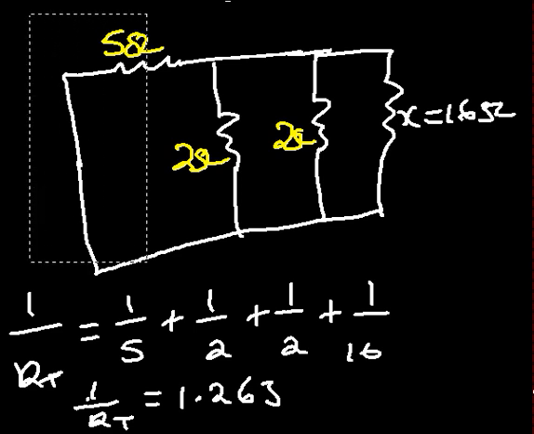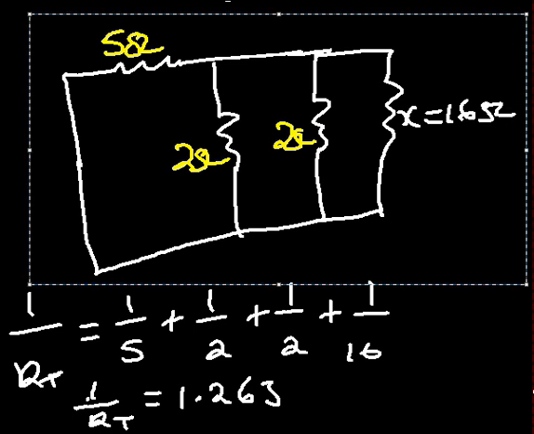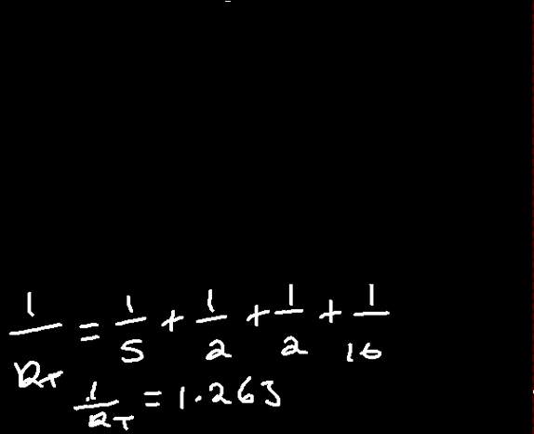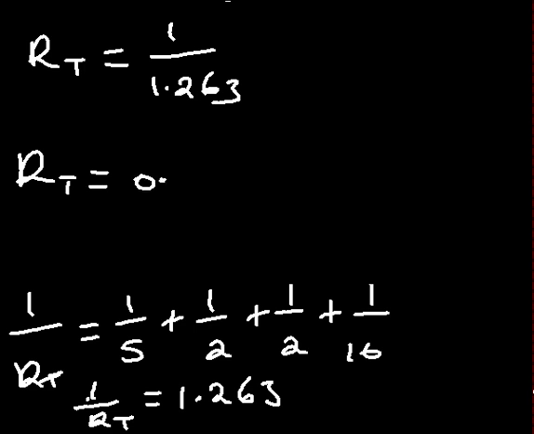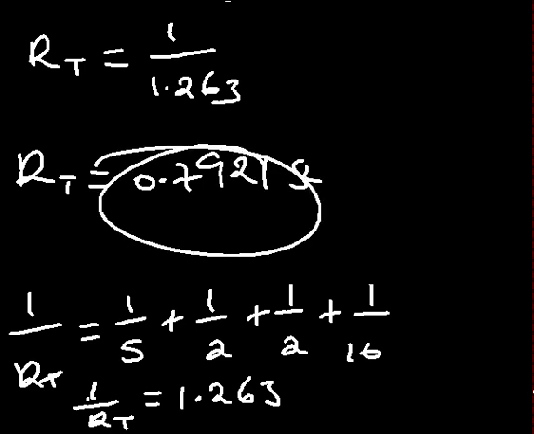So now, what is the value of the R total? If that's the case, we should make R total the subject. So R total is equal to 1 over 1.263, and R total is equal to 0.7921 ohm, as you can see.